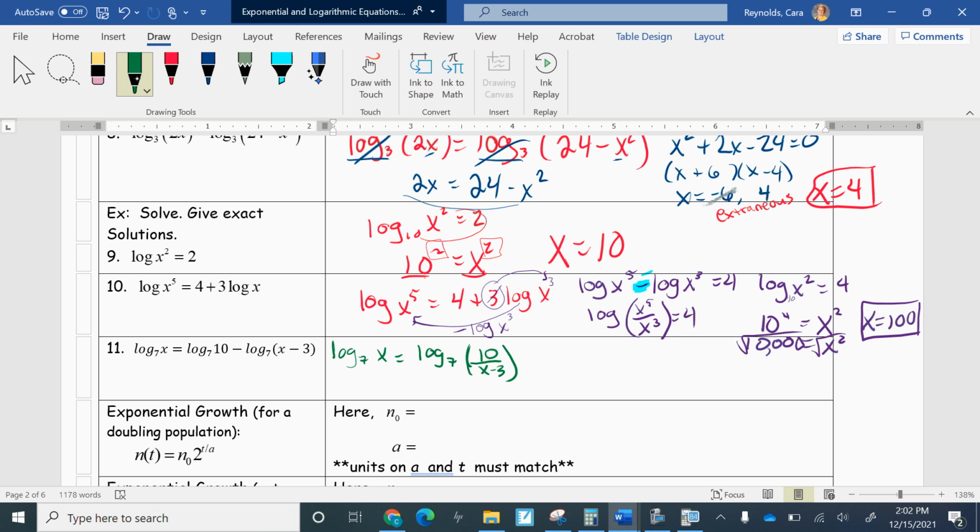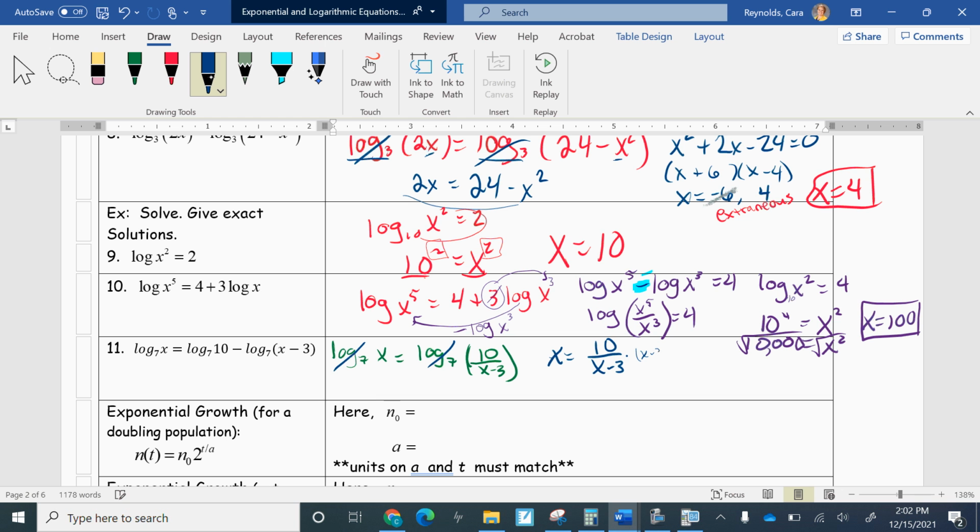All right. Another way to do that is to subtract everything to one side and then rewrite it as a single log. We would subtract this and add this and then rewrite it as a single log. Okay, get it set to 0. That's also fine. But if you go this approach, these logs now cancel, and so we know that x is equal to 10 over x minus 3.